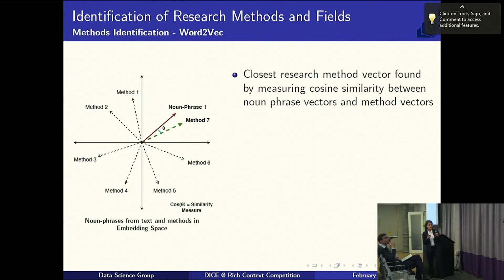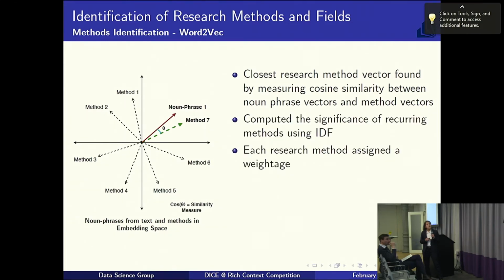Now, coming to the identification of methods, we first found the closest research method vector to the noun phrase vectors using cosine similarity. Then, we computed the significance of the recurring methods using inverse document frequency. So, for instance, if a research method called z-ratio was occurring very frequently in the result, then we computed how significant it was to the publications using this IDF.